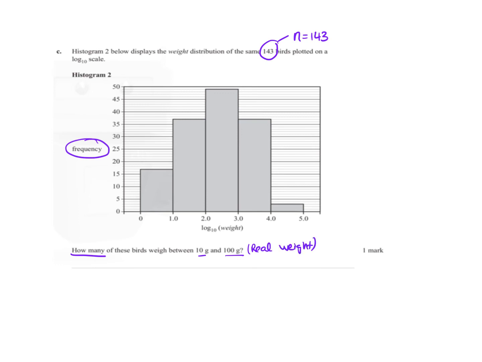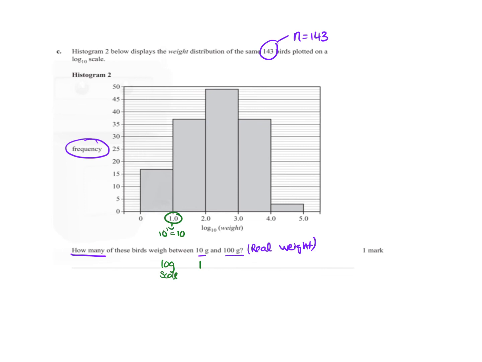So we've got to convert 10 to a log scale. 10 to the power of what gives 10? 1. So this has a log scale of 1 because 10 to the power of 1 equals 10.